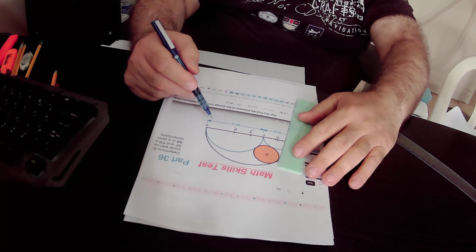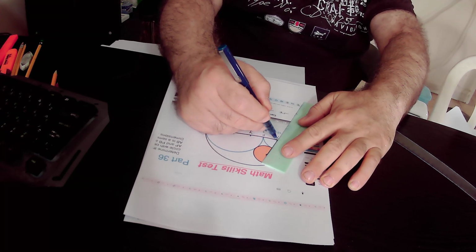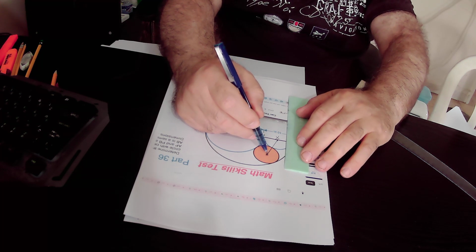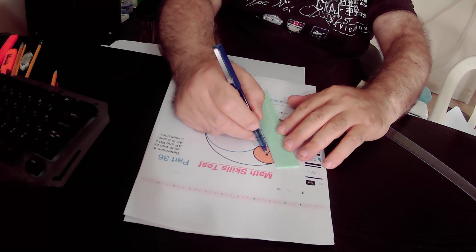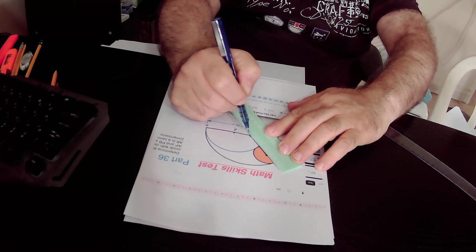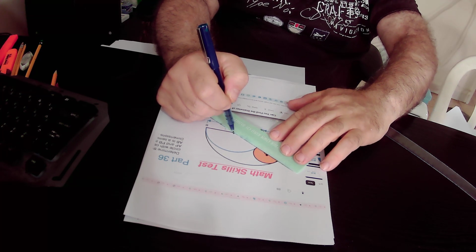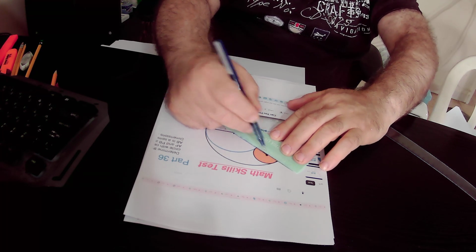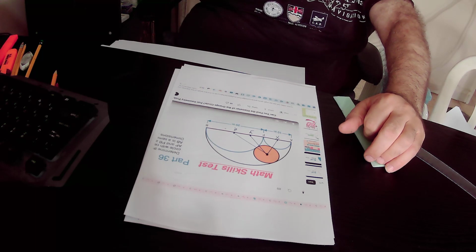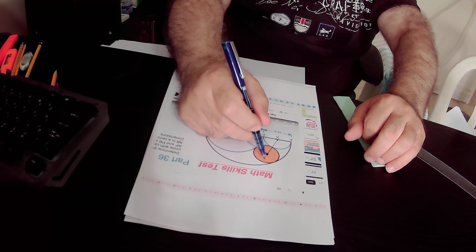So here, this is line segment XC, this will be line segment CY, and this will be line segment CZ.